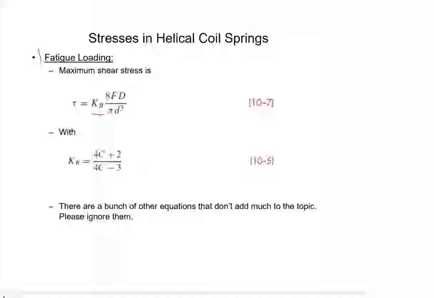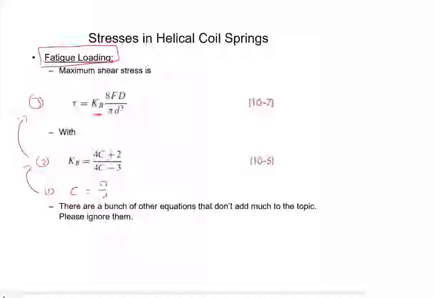So now we're looking at fatigue loading, and this looks like the same equation, except now we have a K sub B. So again, you'd start with C equals D over d. That's step one. Step two, your fatigue stress concentration factor, and then step three, the maximum shear stress for fatigue. So again, you kind of work from the bottom up.